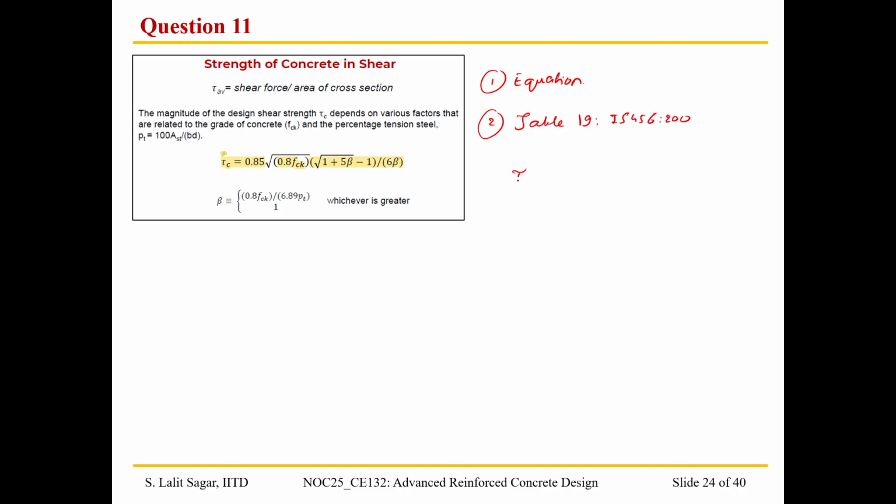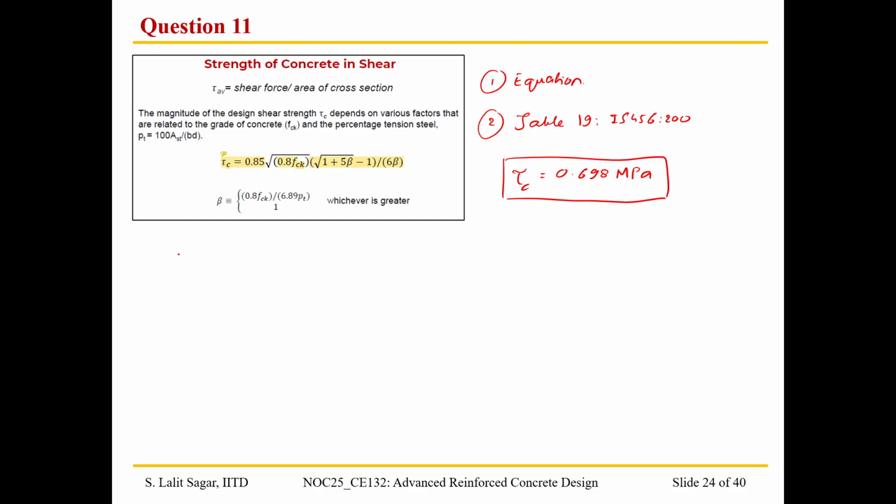So we got the value of tau c as 0.698 MPa. I hope that my handwriting is visible. If it is not, please let me know. I will try to improve. Okay, sir, it's visible.